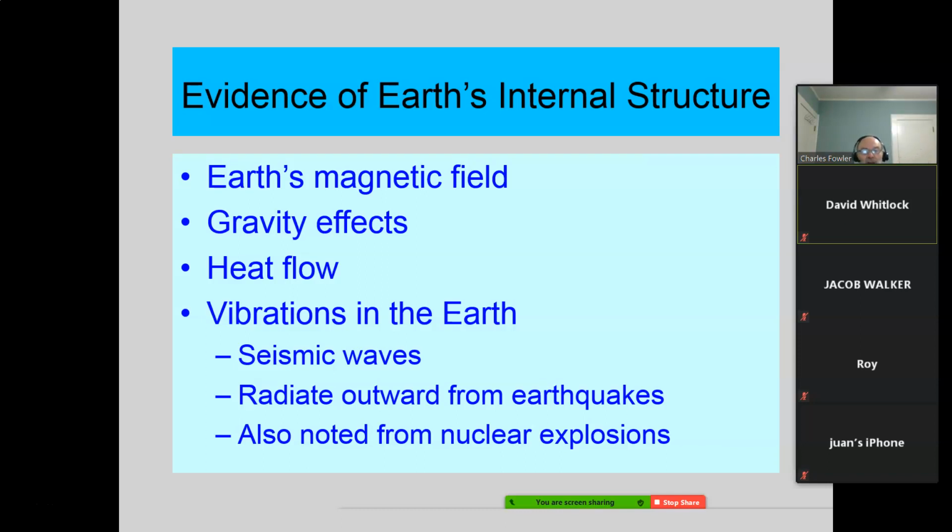The only way a magnetic field exists is if you have moving charges. Moving charges create magnetic fields. Well, what charges are we talking about moving? Picture this. The Earth, I'm not counting the oceans.